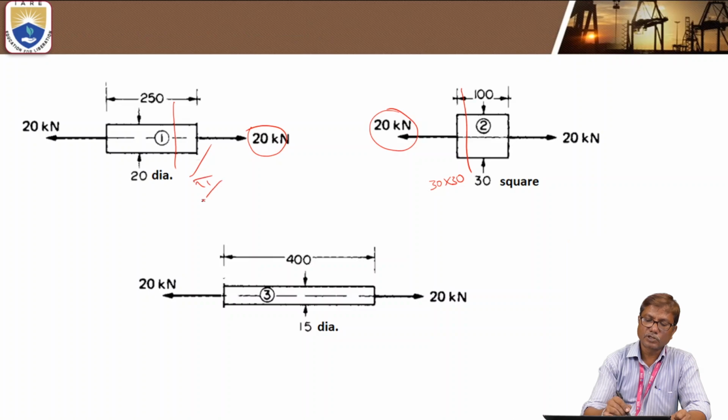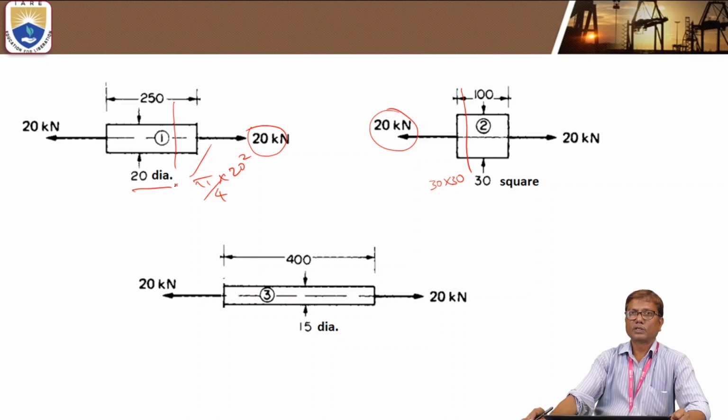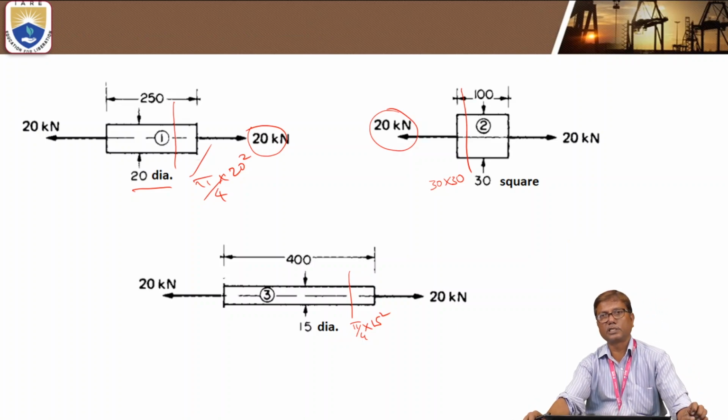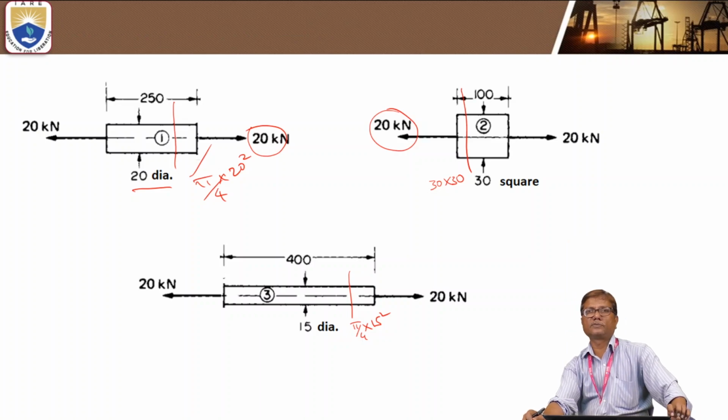Here circular, pi by 4 into square of diameter. Similarly, here the cross sectional area is pi by 4 into d square. Okay. So the stresses are different. The tensile force is same, but the stresses are different in each section.